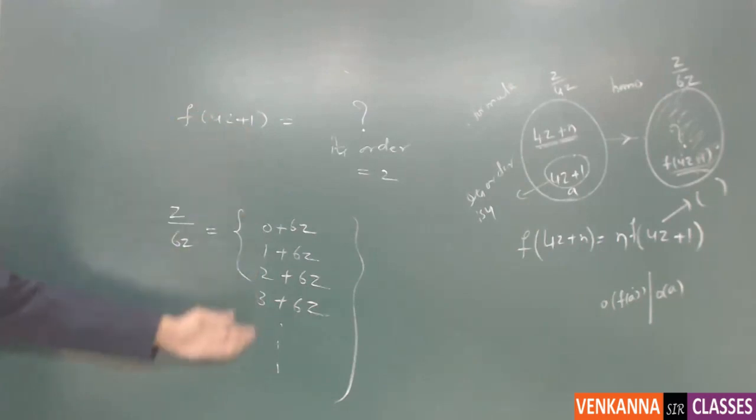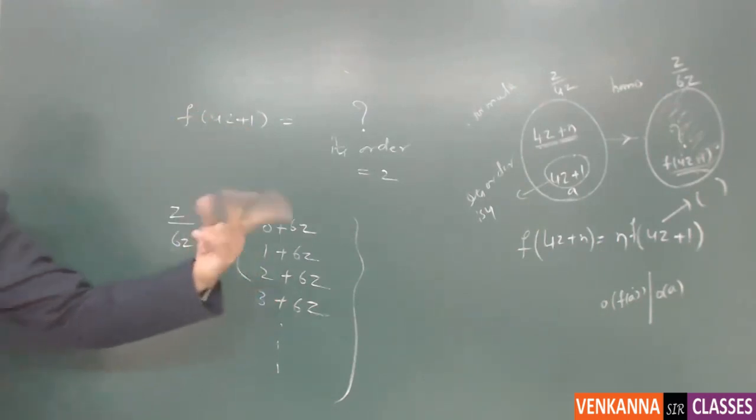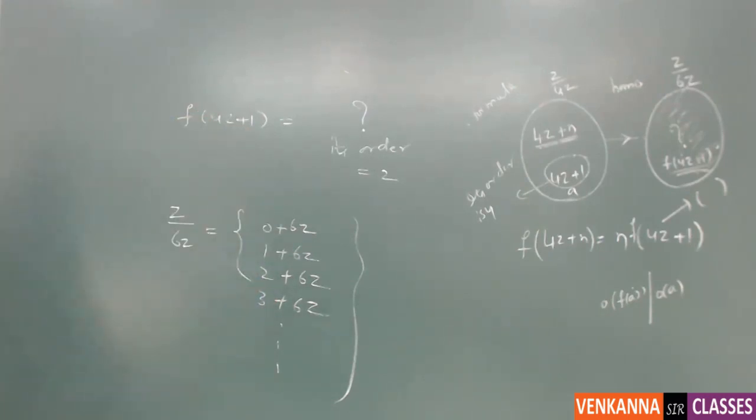So among these cosets, which coset has order 2? Three plus 6z. Why?